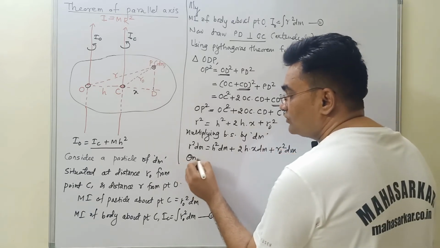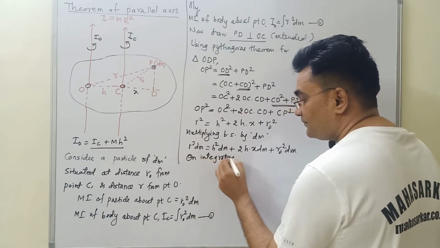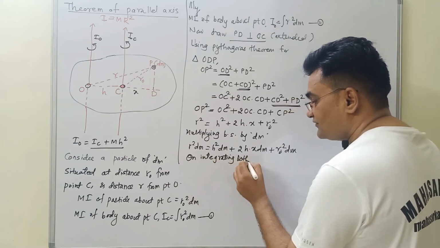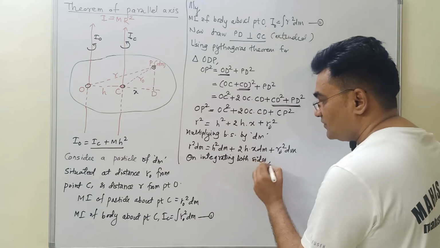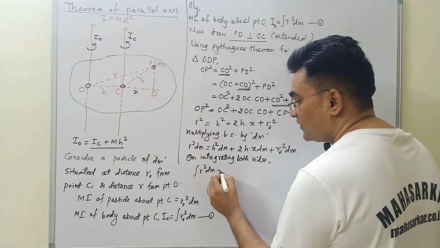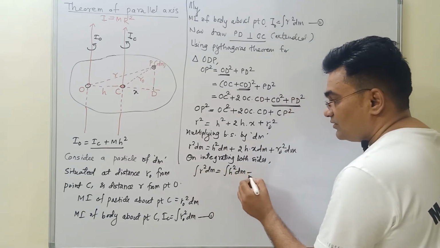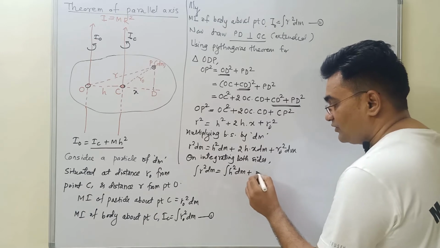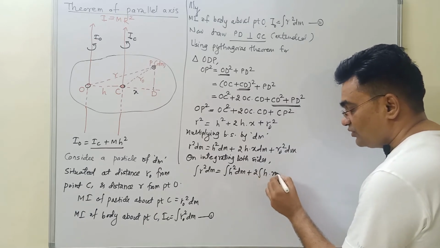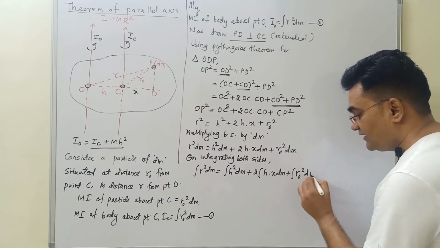On integrating both sides, what are we going to get? Integral R square dm equals integral H square dm plus 2 times integral H into X dm plus integral R0 square dm.